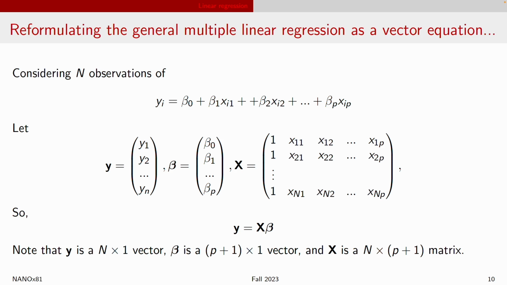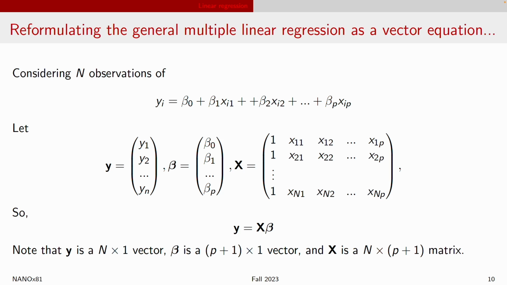So that gives you a matrix multiplication where y is equal to your x matrix multiplied by your beta vector. You can verify for yourself that if you do this matrix multiplication, you get a series of equations like this.